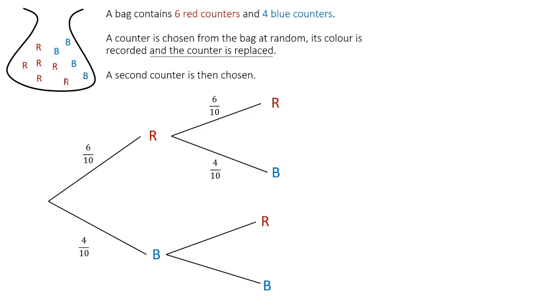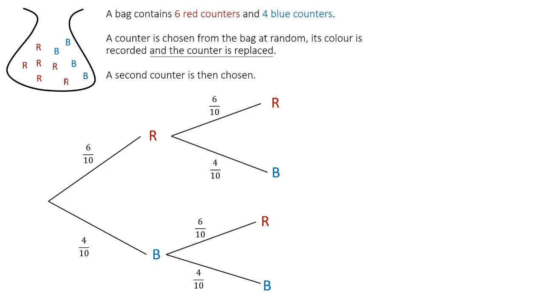And once again, the probabilities are the same. There's still the 10 counters in the bag. There's still 6 red and there's still 4 blue. So 6 out of 10 and 4 out of 10. So now, again, by following the branches, we can track the different possibilities. Red then red, red then blue, blue then red, and blue then blue.